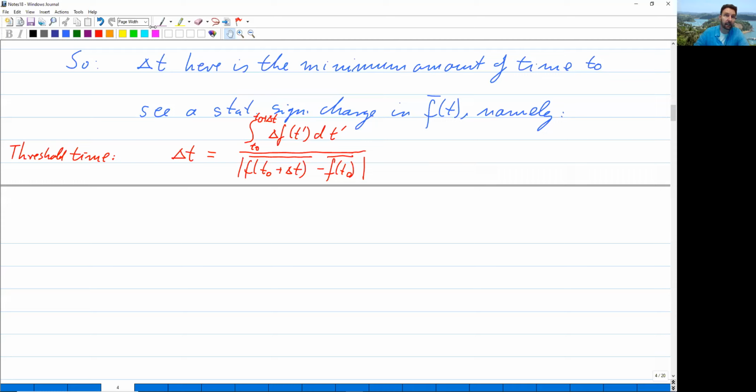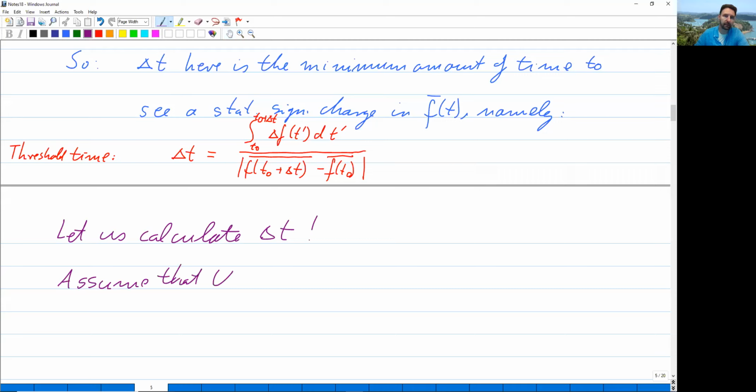Now let us calculate this threshold time, delta t, for a concrete system. First of all, we have to make an assumption. Assume that the quantum system is isolated.